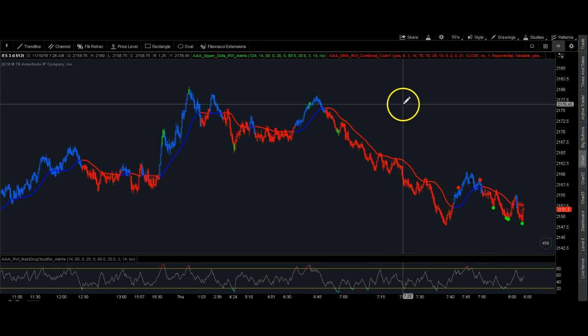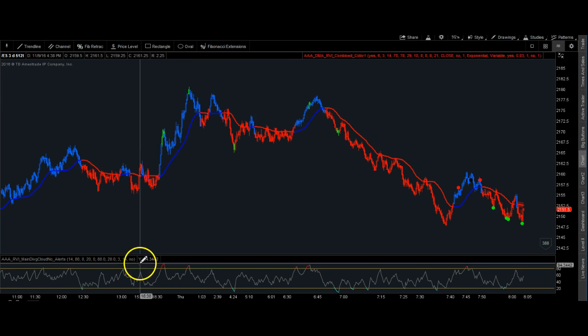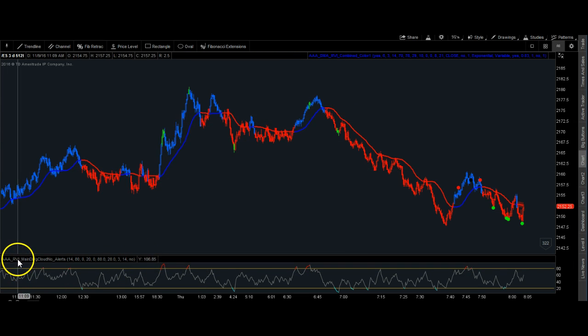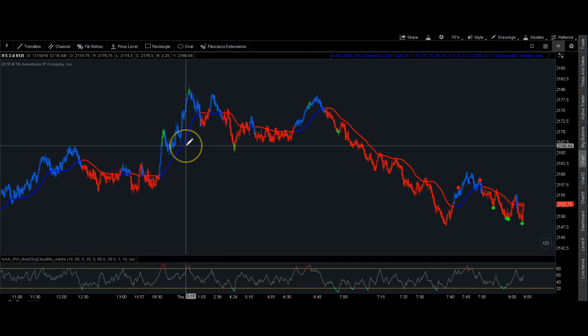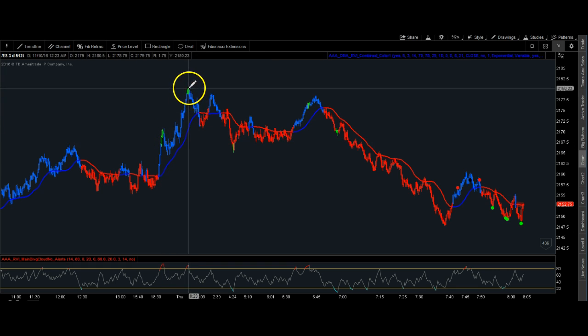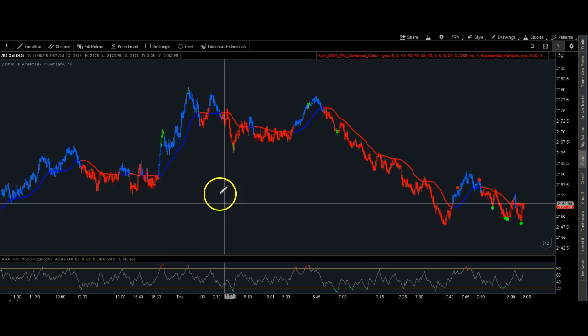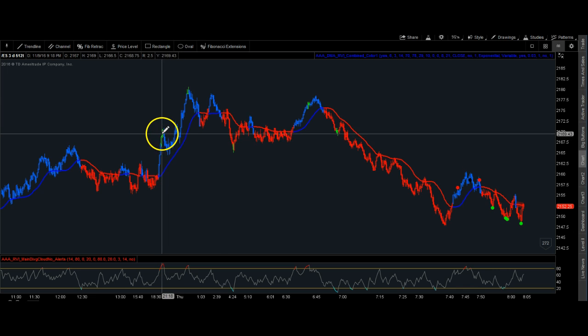Also, as you can see in this special code, we have the RVI. Very similar to the RSI, but I have it in the bars paint, so when the RVI gets above, I believe, 90 or something, it'll start to paint the bars green.